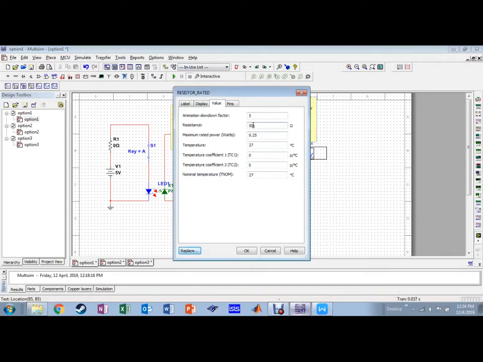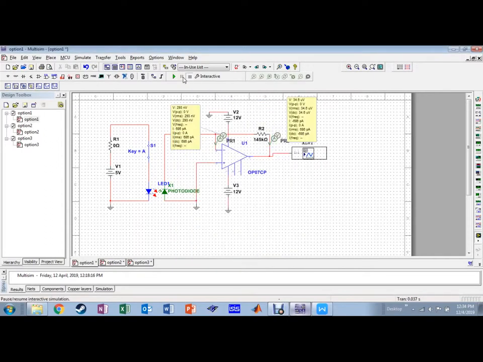We need to change it from 50k to 1 mega. Try 145k ohm. Let's see the change. 293 nano, 686 picoampere. Meanwhile, the value at point F is 99.8 microvolt and negative 686 picoampere.